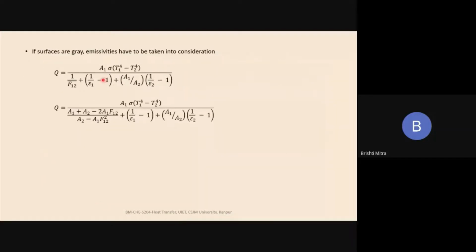And if we are talking about gray bodies, we take gray bodies into consideration, then what happens is that now we have Q equal to A1 sigma (T1 to the power 4 minus T2 to the power 4) divided by [1 by F12 bar plus (1 by epsilon 1 minus 1) plus A1 by A2 into (1 by epsilon 2 minus 1)]. Because we have different values of epsilon 1 and epsilon 2 since we are talking about bodies which are gray.